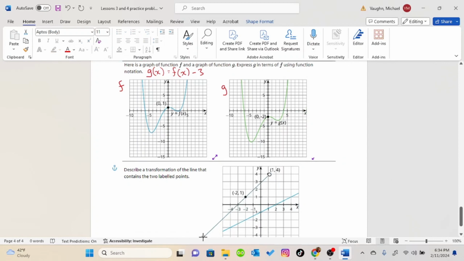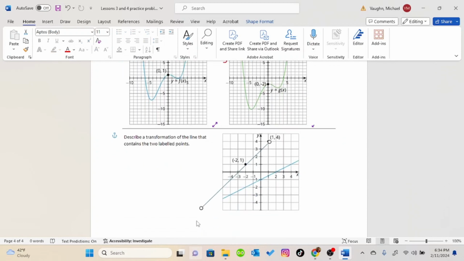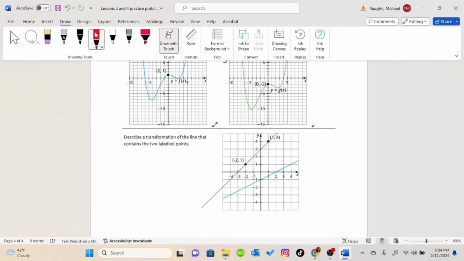If we extend this line down and up, we could see that the original line, if we kept drawing it out, would eventually cross paths at this point right here.